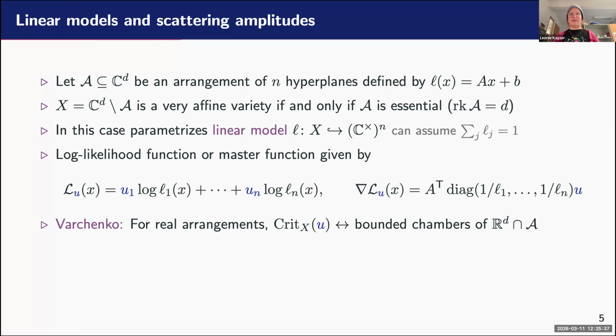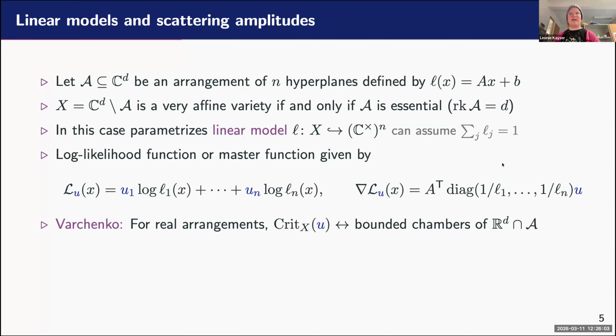And the critical points are now given as the points where the gradient of this function vanishes. You may worry, okay, the logarithm is not an algebraic function, scary, but the derivative gets rid of this and introduces 1 over the Li, which is happily a rational function. So this gives you algebraic equations on X, on the hyperplane arrangement complement, because we need to invert the Li, of course.